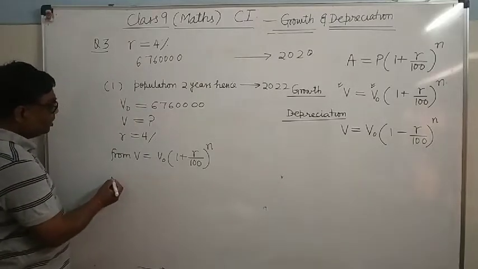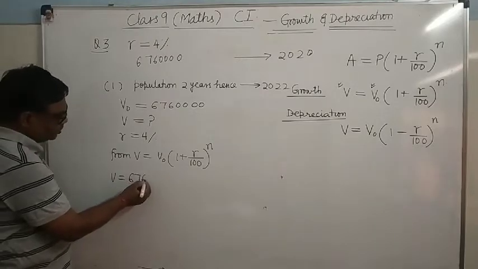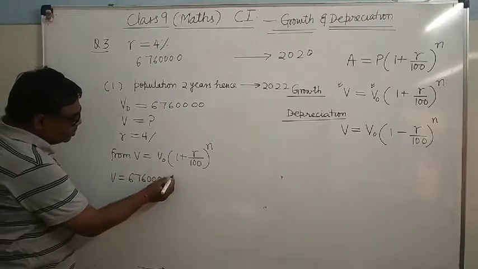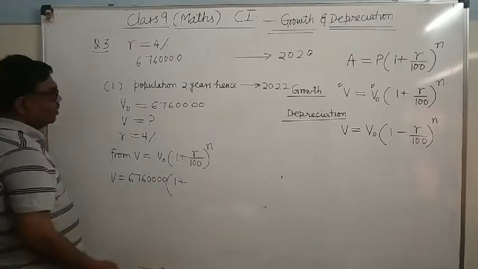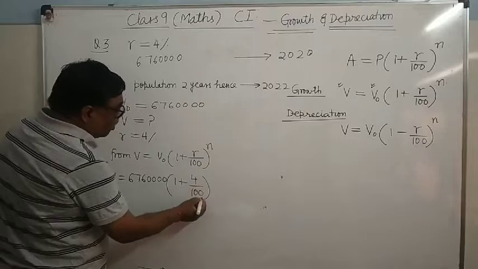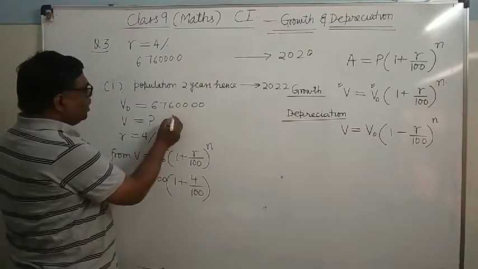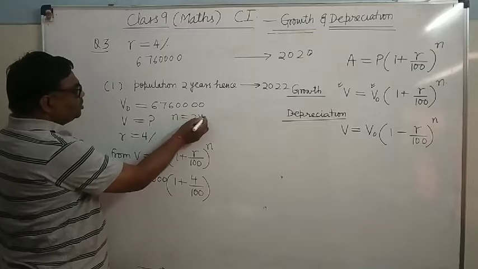So you can see here, V equals V naught, which is 676, times 1 plus, in place of R you can write 4 upon 100, whole to the power. There will be how many years? You can say 2 years. N equals 2 years.